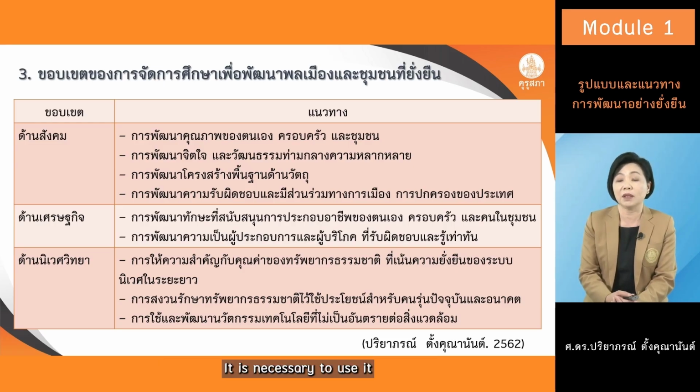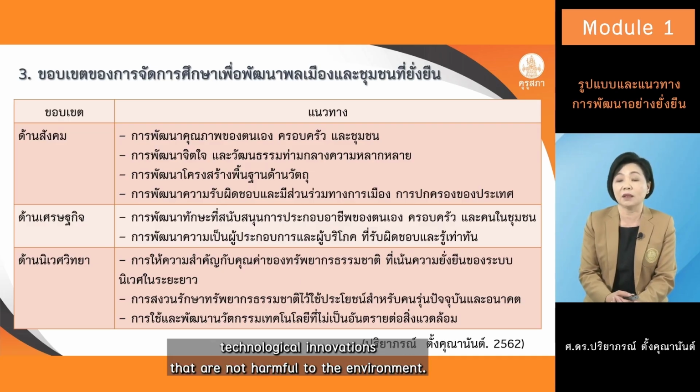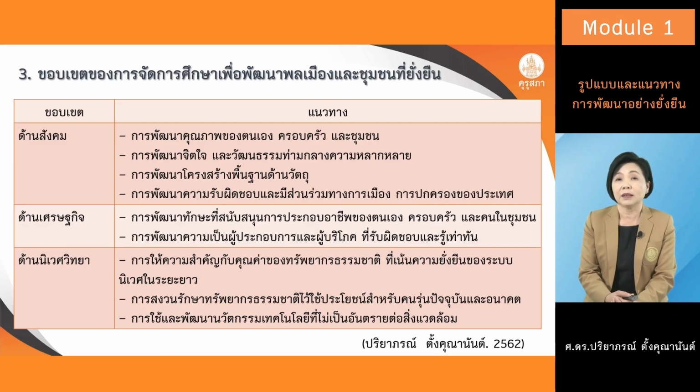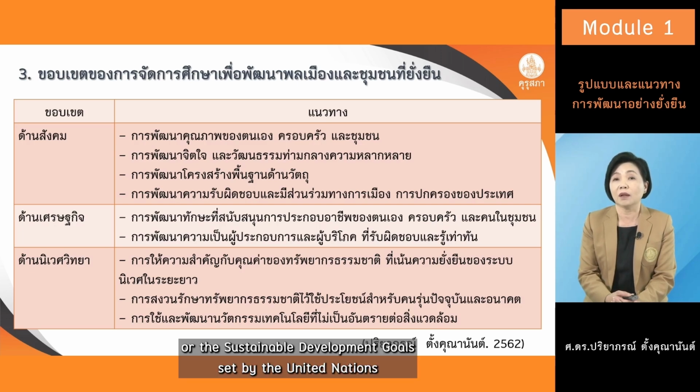It is necessary to use it for the current and future generations, and then develop technological innovations that are not harmful to the environment. We can see that all three areas are in line with Goal 4 of Sustainable Development, or the Sustainable Development Goals set by the United Nations.